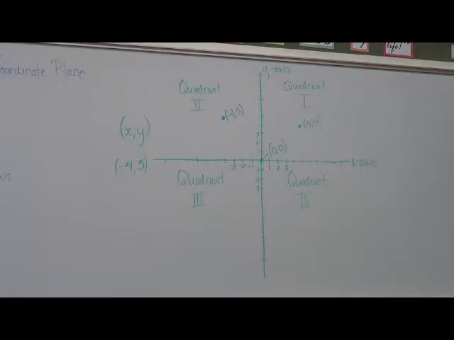But make sure you have those things labeled with the quadrants and the x-axis and the y-axis and the points and such. Alright, again, if you need more time, pause the video.